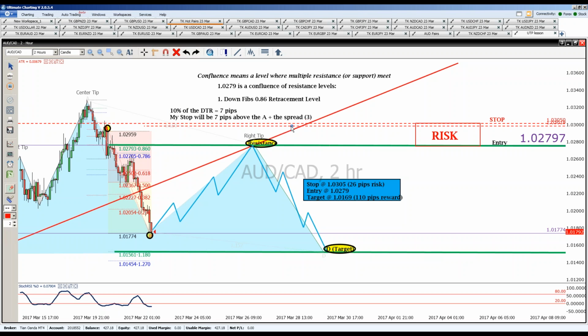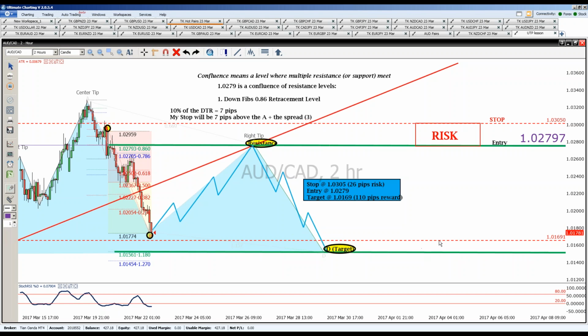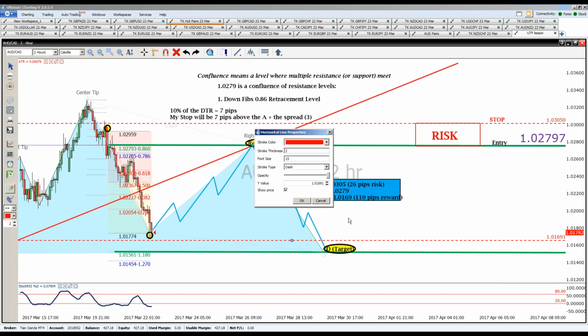D extension, so that will be 1.0169. There. Just take this out, yeah. 1.0169. So that will be the actual target.